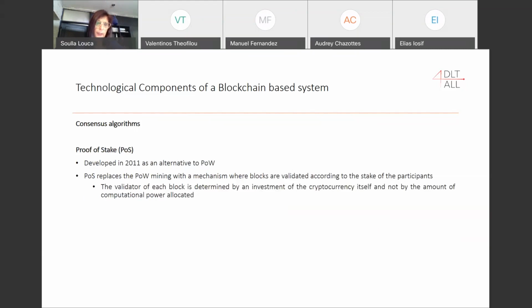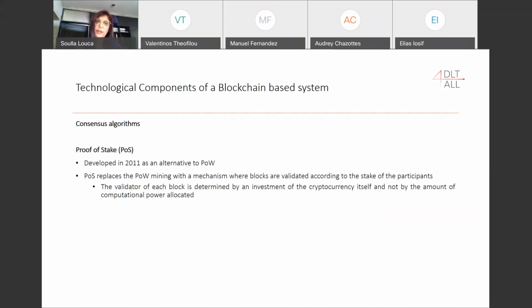Another interesting consensus algorithm is the proof of stake, developed in 2011 as an alternative to proof of work. The proof of stake replaces the proof of work mining with a different mechanism in which blocks are validated according to the stake of the participants.